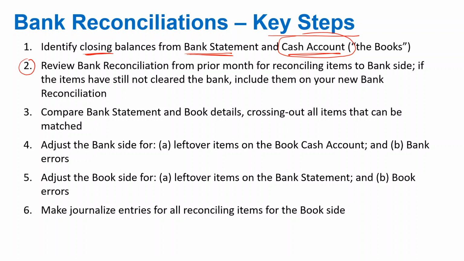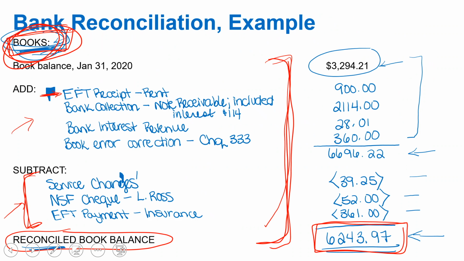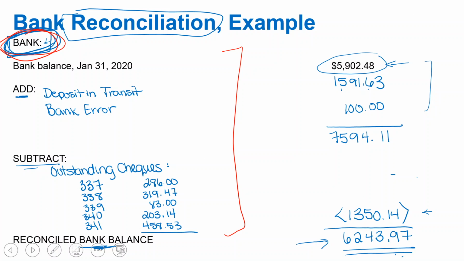Then the second thing that you would look at, which we didn't in our first example because it wasn't part of it, but you would look back at the bank reconciliation from the prior month. So you would see what reconciling items were on the bank side and look if they've now cleared the bank in this following month. So for our bank reconciliation here, if we're looking at the bank side, let's say, for example, we'll look at these outstanding checks. So this was at January.